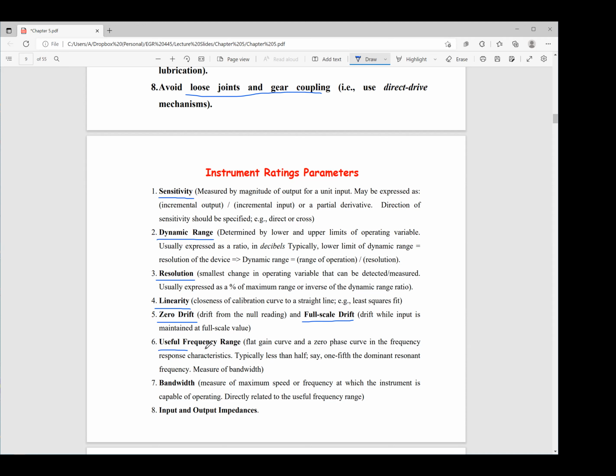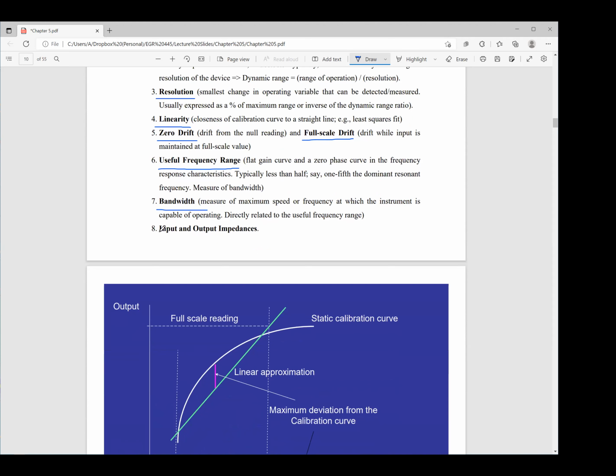Then we need to know what is the useful frequency, in what range the system is going to work. Then we want to find out the bandwidth. What is the maximum frequency at which the instrument can operate, and what is the maximum frequency that the system can respond to? And then we want to find out something called the impedance. Impedance is the ratio of force divided by velocity. So whenever you have to assemble, let me give you a simple example.